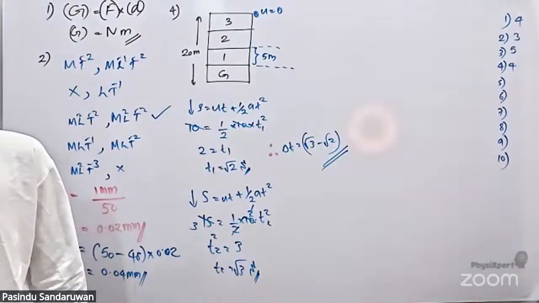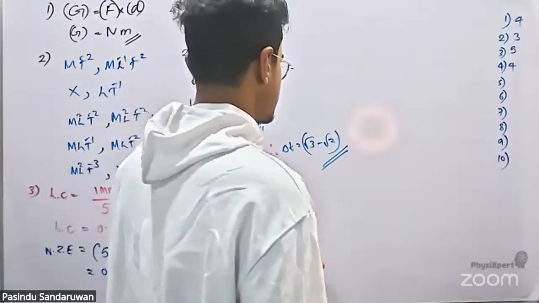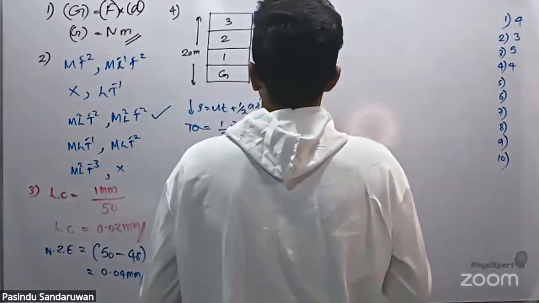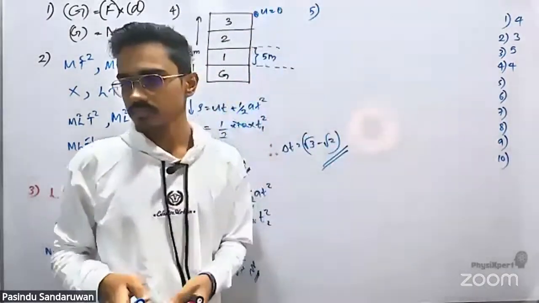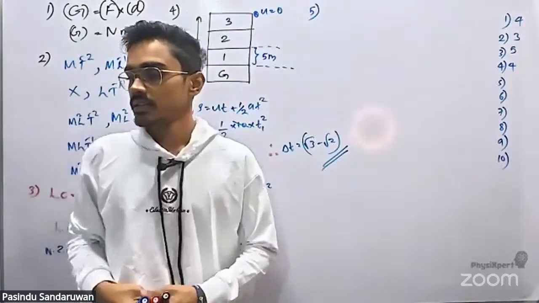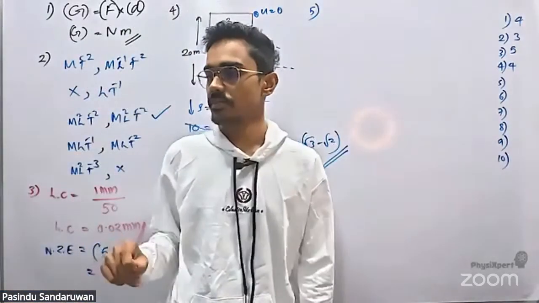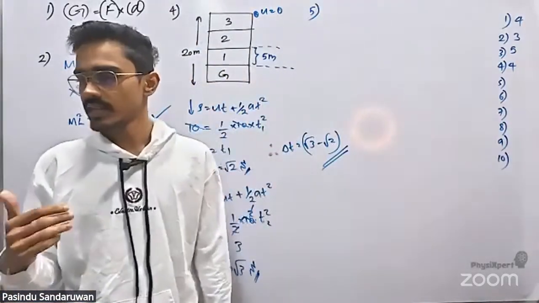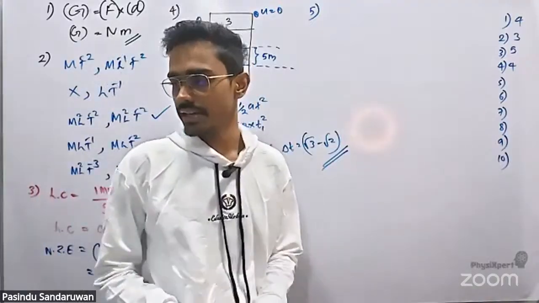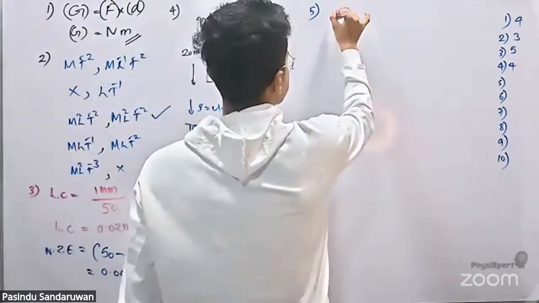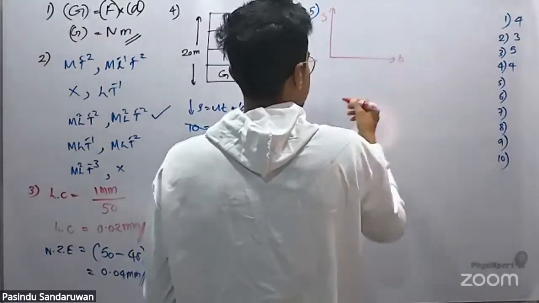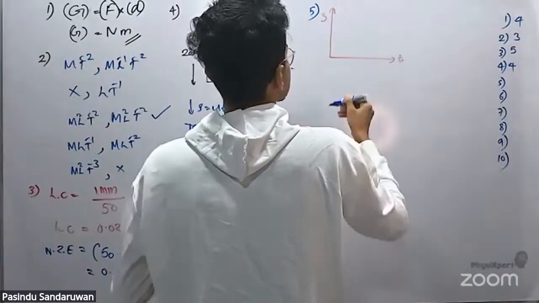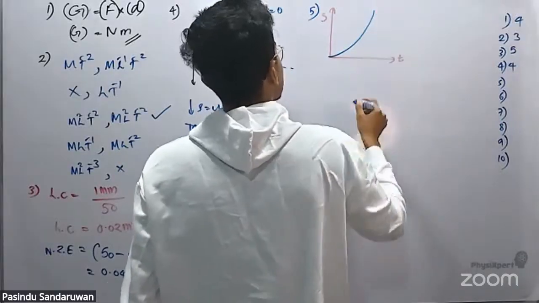Then 5. The diagram shows the distance time graph for a moving object. Which statement is most suitable? An ST graph is given.